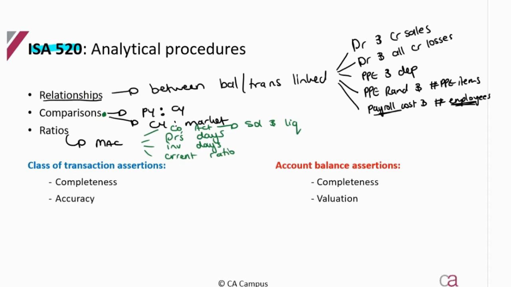So analytical procedures, guys, we've already said that these are general, or we should include them as general procedures, because there are always going to be about 3 to 4 marks available. And I don't need to know too much information to be able to do an analytical, because if I know what balance or transaction I have to audit, I can think of a related balance or transaction.